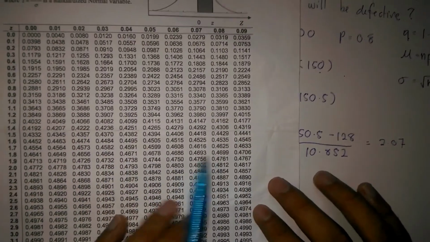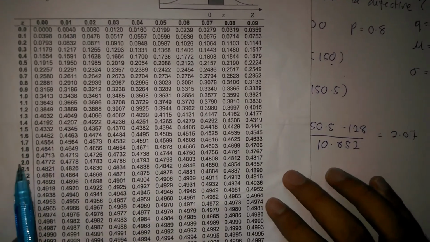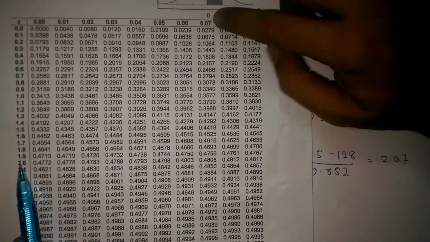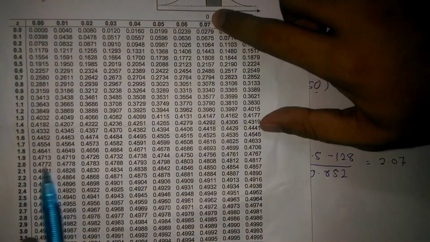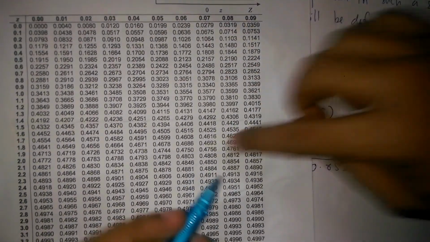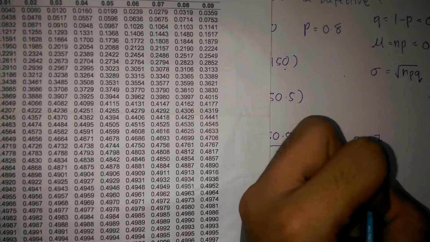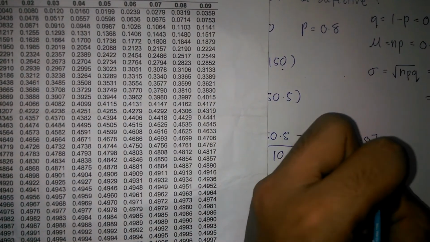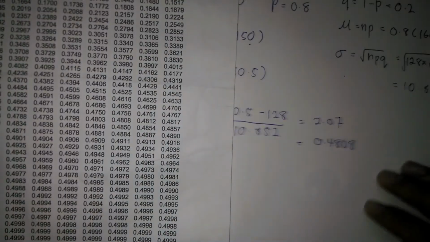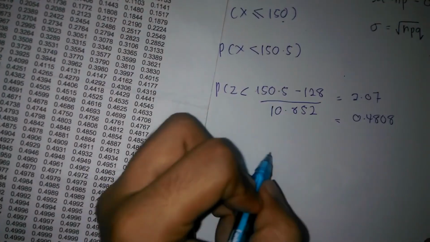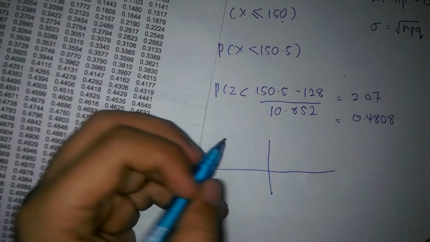From the table we take 2.0 plus 0.07, and find 0.4808.